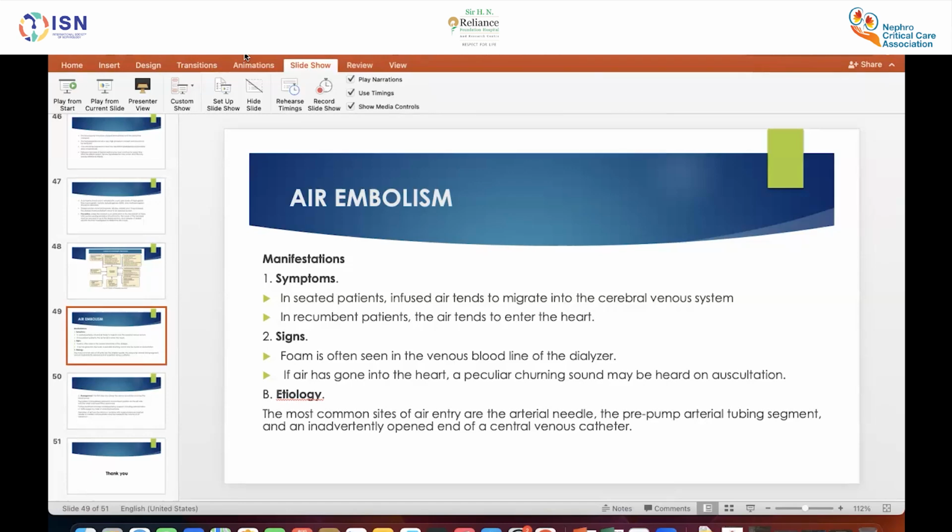Why has the position been mentioned like that? So that the air would travel upwards and you're able to aspirate through the catheter.